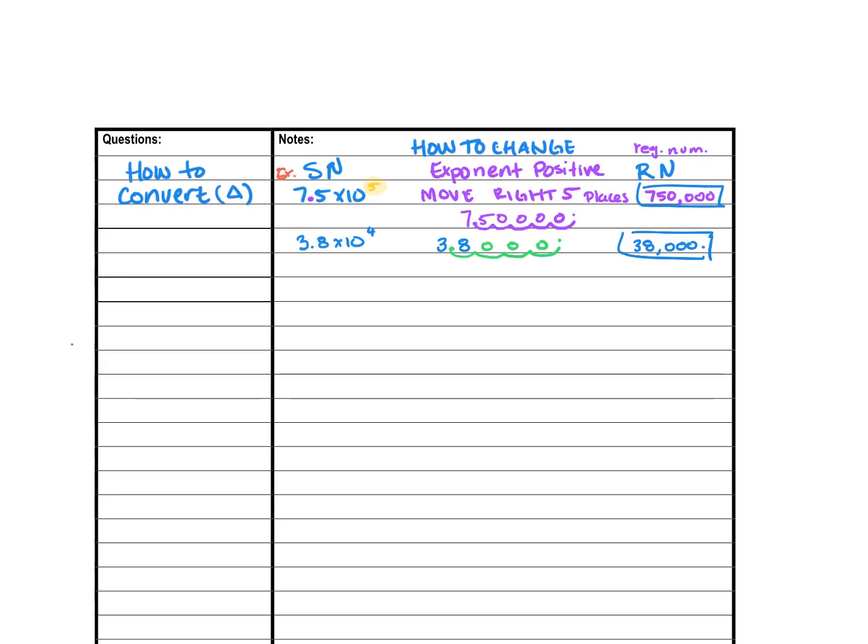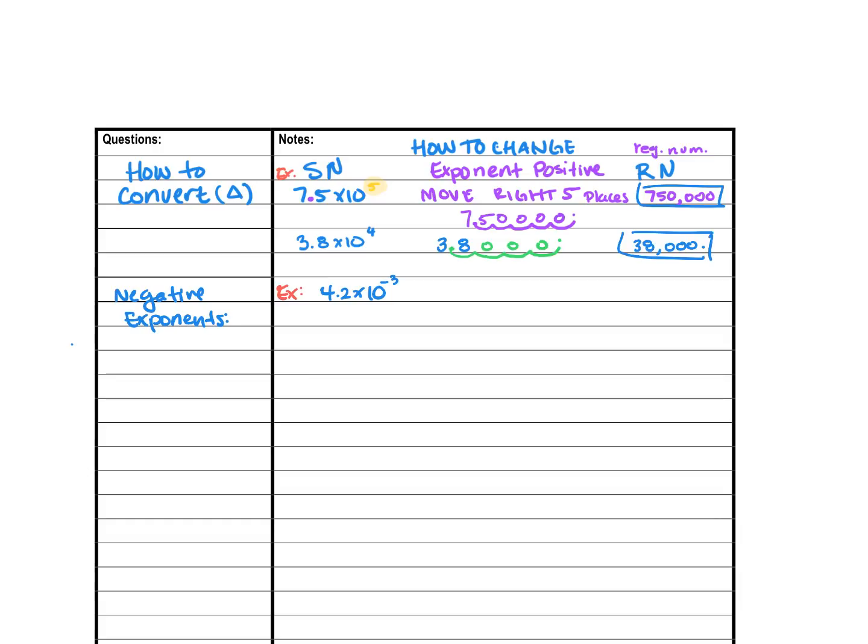So now let's go ahead and do another example of negative exponents. Okay? 4.2 times 10 to the negative 3. Okay? So here we go. Same thing, you rewrite your number, 4.2, negative exponents.